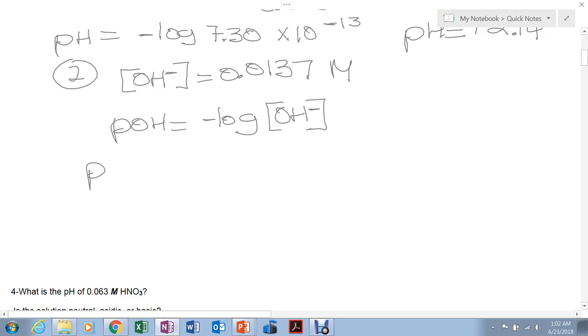So the pOH in this case would be the minus log of 0.0137.